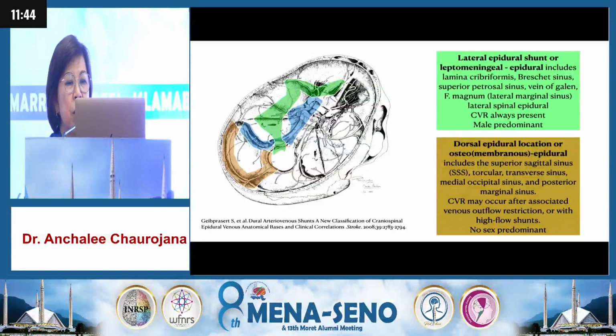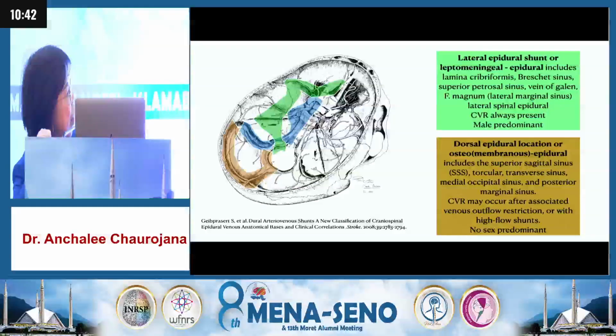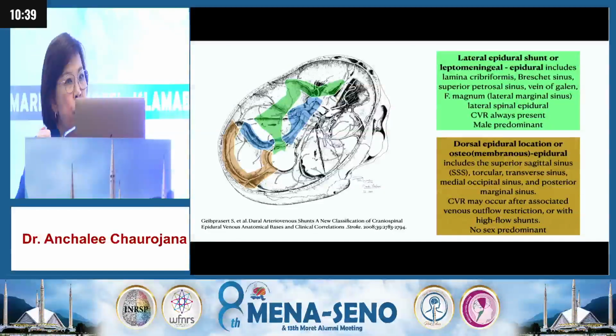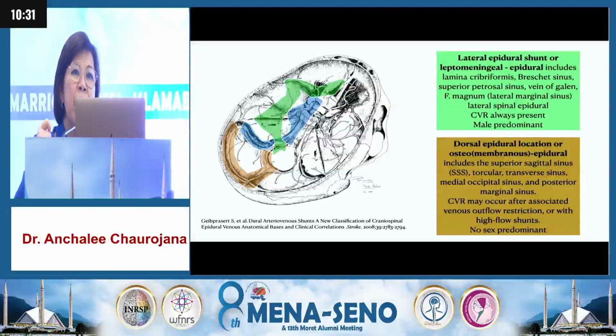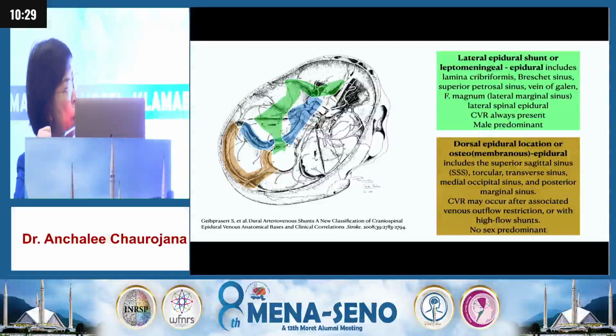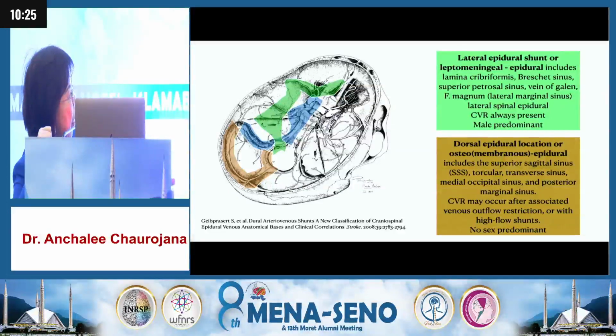This corresponds to the study from Pierre Lasjaunias's group, which I hope you have seen. They differentiate three types of dural shunt according to embryology. This corresponds to the lateral epidural shunt, the green line here.